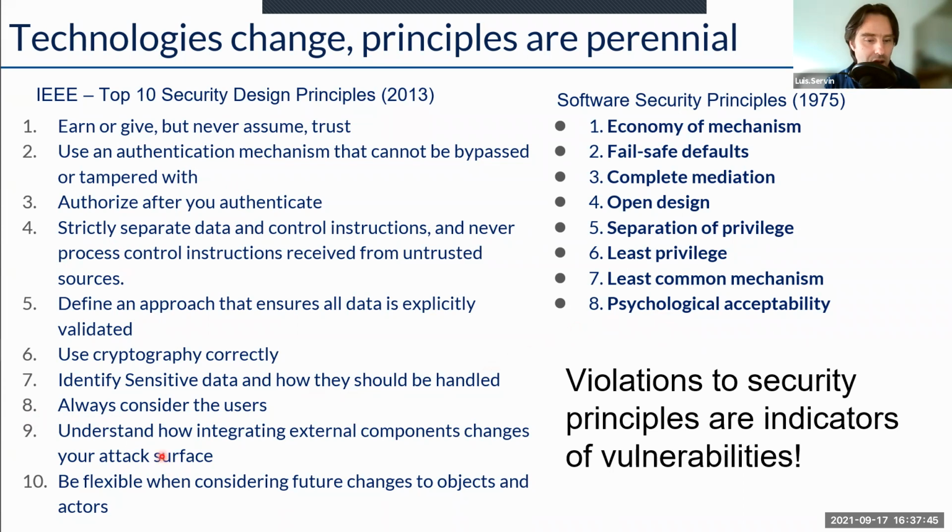Number 8, understand how integrating external component changes your attack surface. Hello, JavaScript. Have I seen you before? Node.js, NPM packages? Wow. Be flexible when considering future changes to objects and actors.